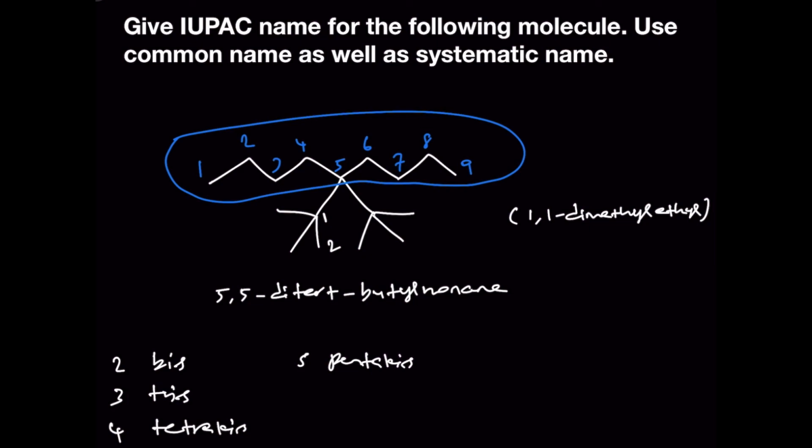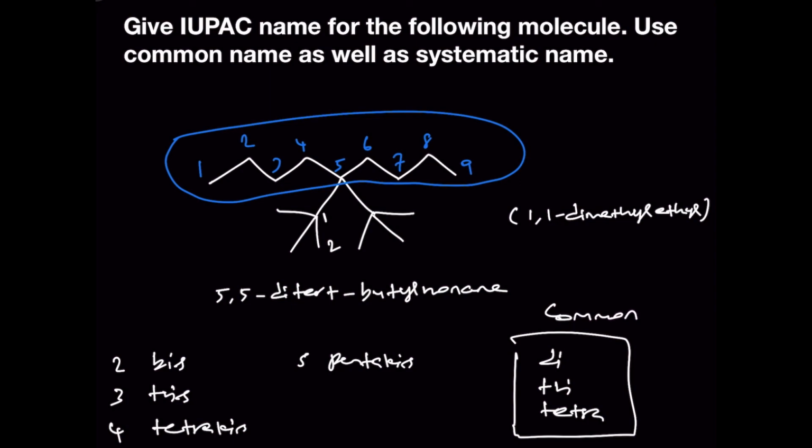That is the one we should use when we are using a systematic name for the complex substituent. We cannot use di or tri or tetra. That we can use when we are using common names. When you are using a complex substituent and a systematic name, then you have to use this one. This is another thing that you need to keep in mind. Okay?